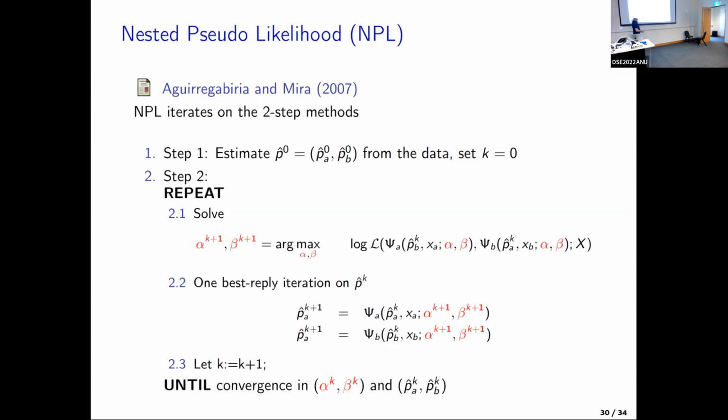So what Victor is proposing is that you do another iteration of the best response mapping, to predict what the investment probabilities would be at those estimated parameters.